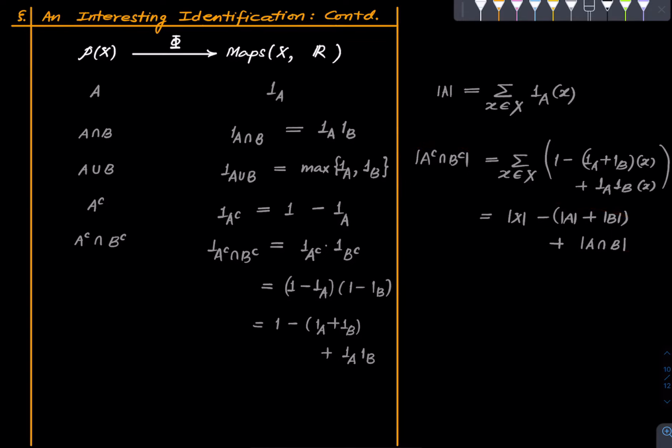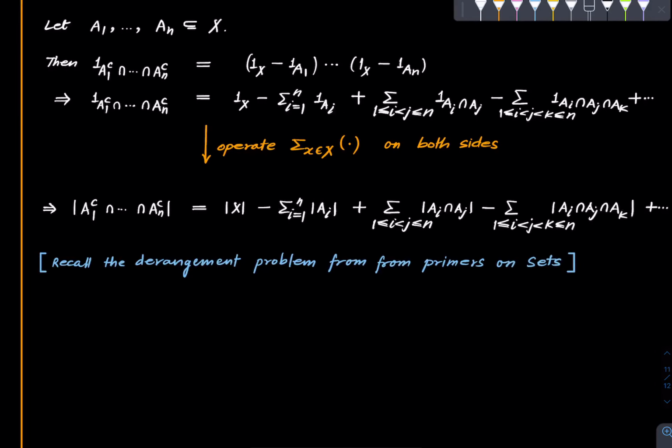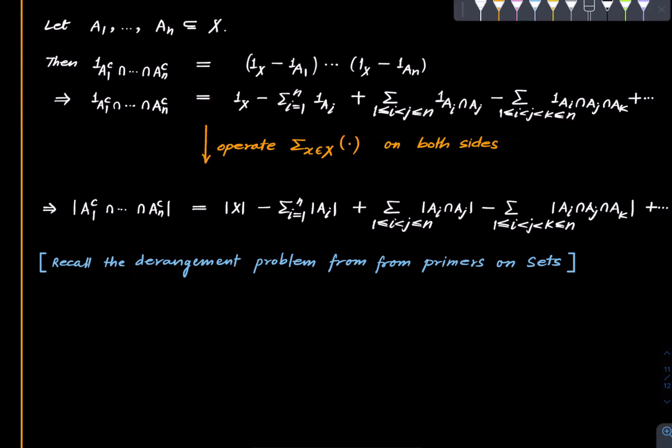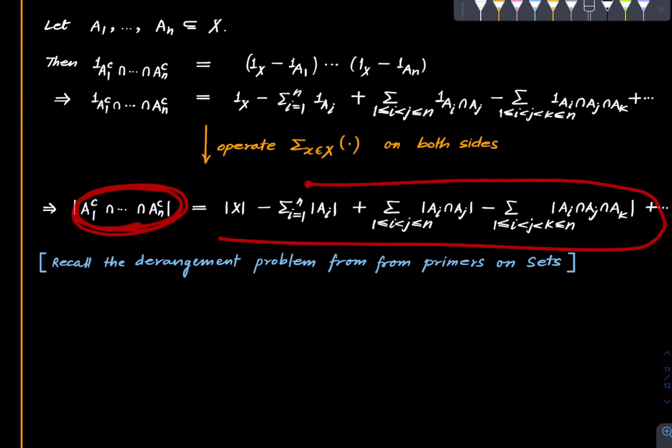And one can generalize this. So now suppose we had n subsets of X. Then by the same reasoning, this is equal to that. And you expand it out like high school, it just looks like 1 minus alpha_1 dot dot dot 1 minus alpha_n. So if you expand that out, you will get this expression and operate the summation on both sides. You get that the cardinality of this horrible intersection is this more horrible thing.